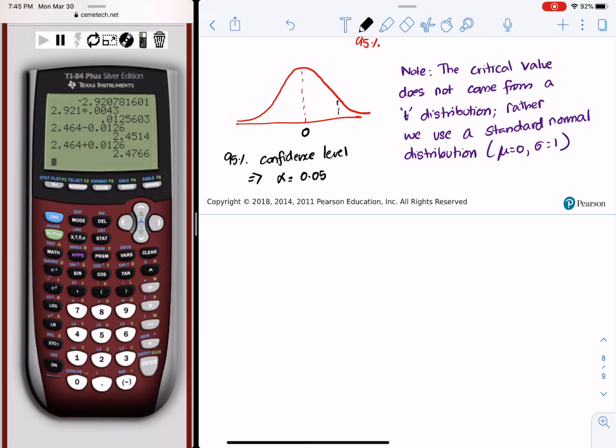We have to take that alpha, divide by 2, and the area on the right tail would be 0.05 over 2, and the area on the left tail would also be 0.05 over 2.